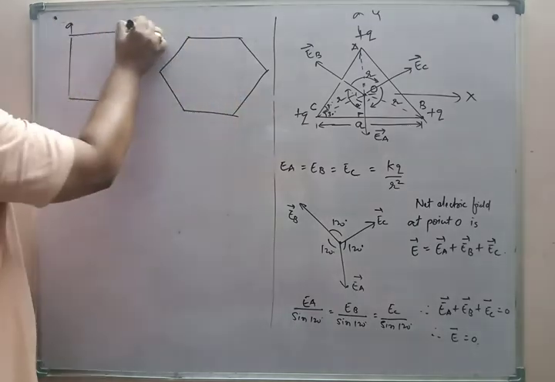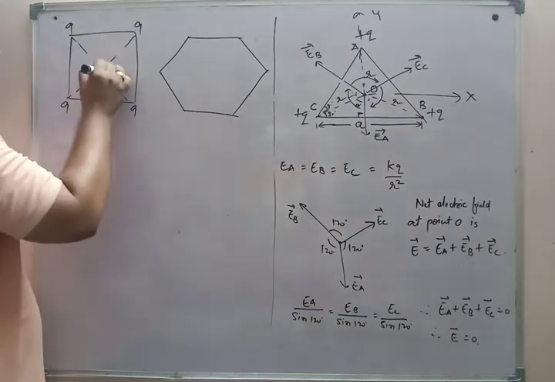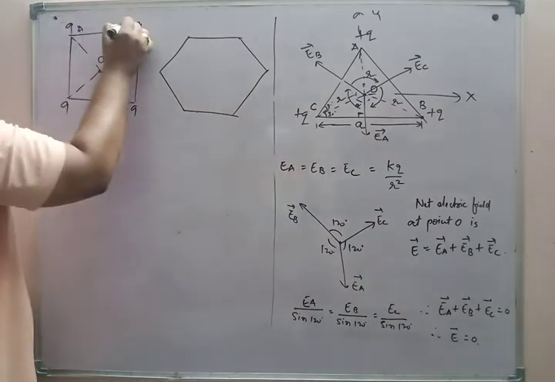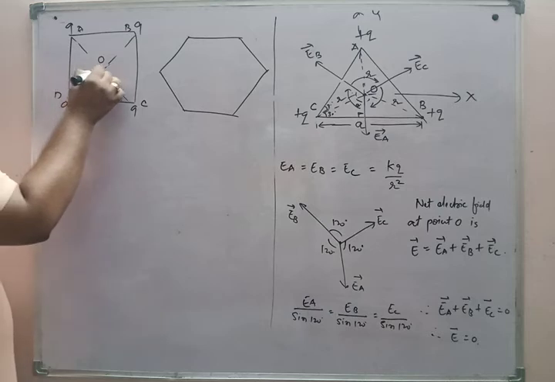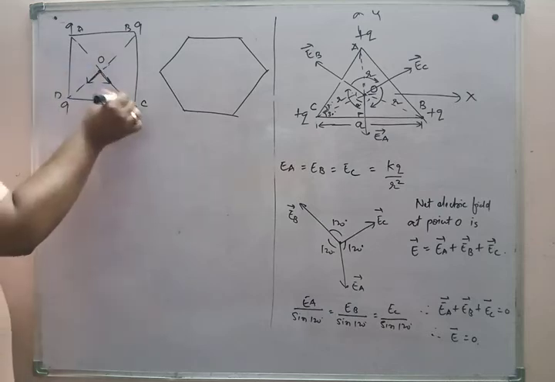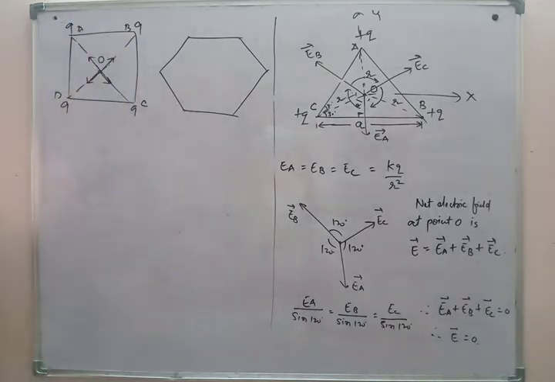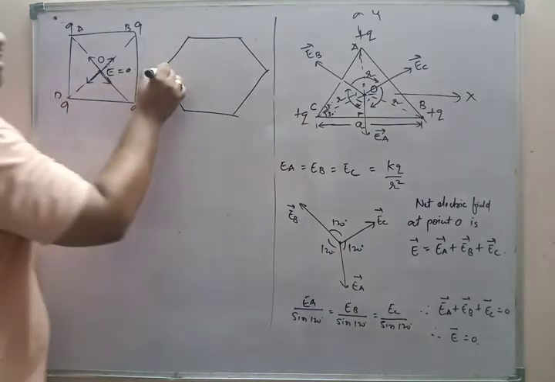Suppose on this square I place equal charge Q, and I ask you to find the resultant electric field at this point O. You will say that suppose these are A, B, C and D, the field due to A will be in this direction, due to B it will be along this direction, due to C it will be along this direction, due to D it will be along this direction. You can see these are four vectors. These two will cancel each other and these two will cancel each other.